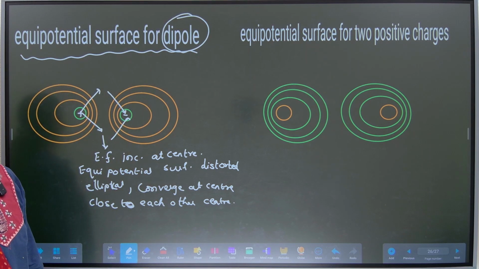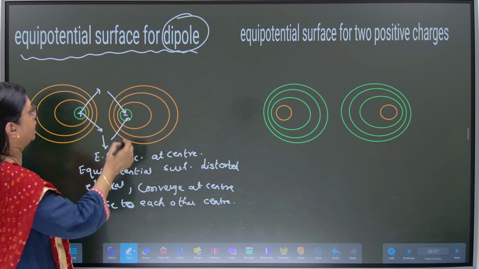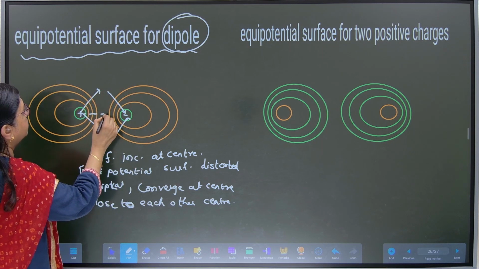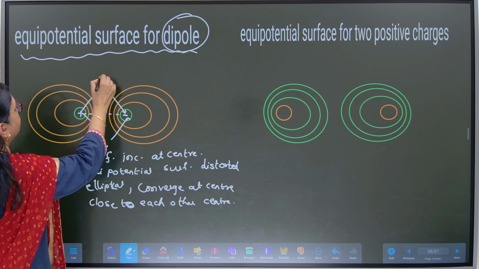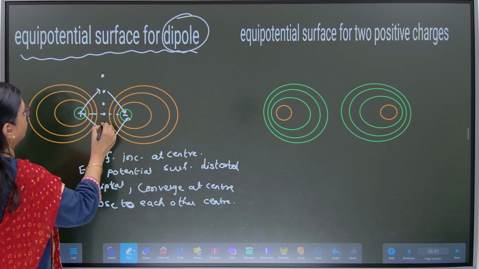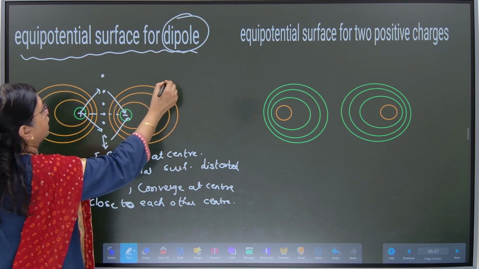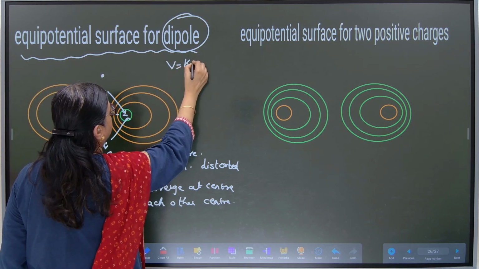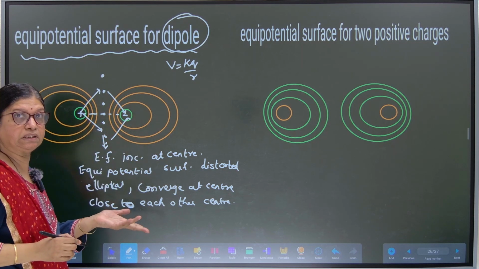Now, because one charge is positive and one charge is negative, in between there will be points which are equidistant from both the charges. Using the formula V is equal to KQ upon R, one charge positive, one charge negative, distance is same.